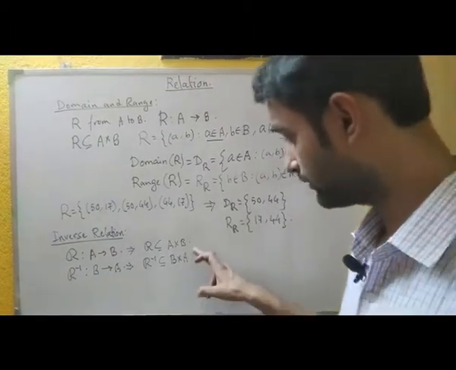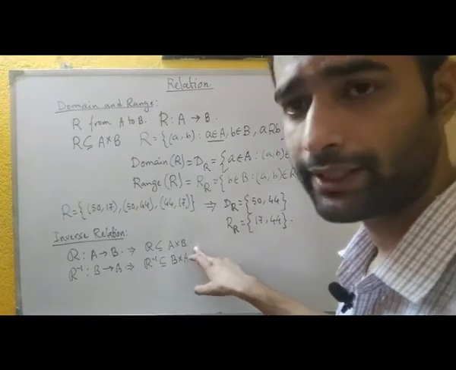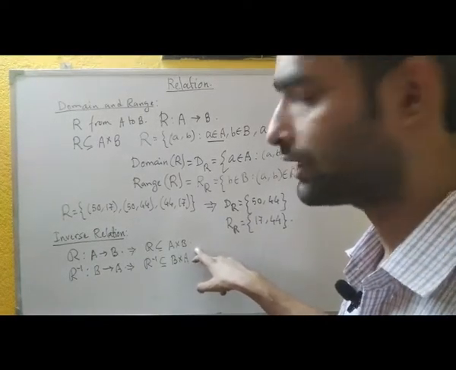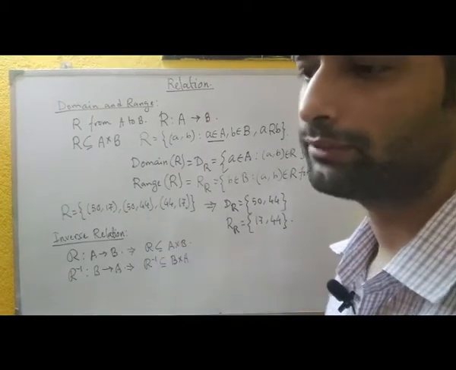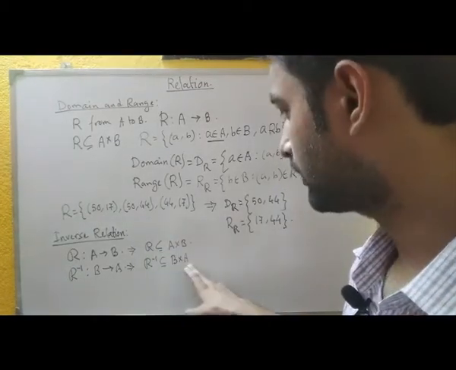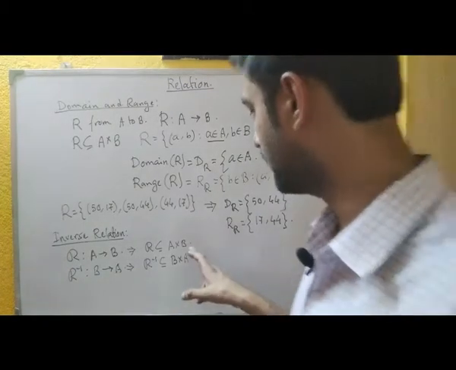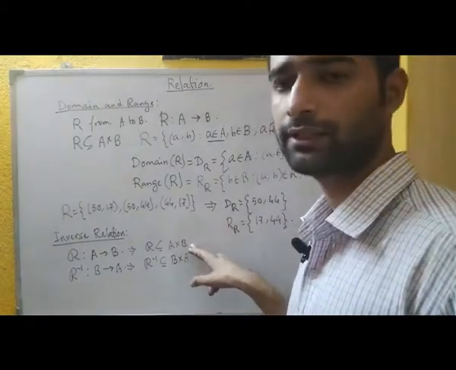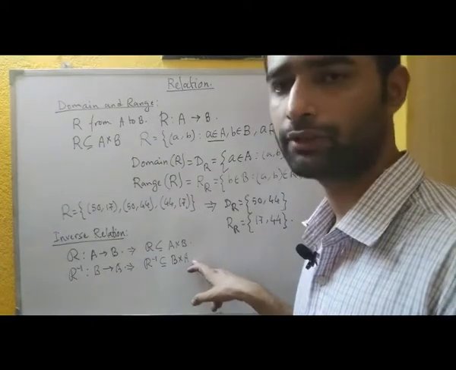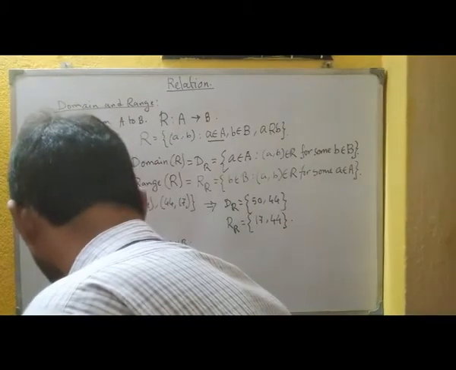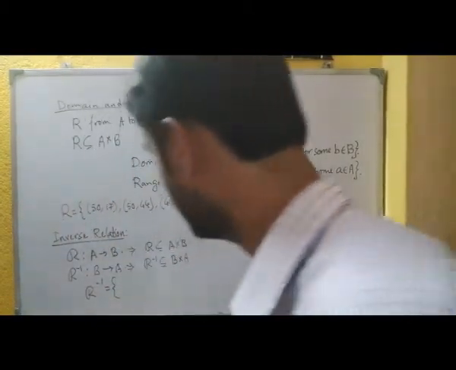If we consider the relation on a single set, then relations R and R inverse consist of the same type of elements. But in this case, the ordered pairs will rotate. If we consider A cross B for this relation, then this will be B cross A for R inverse.